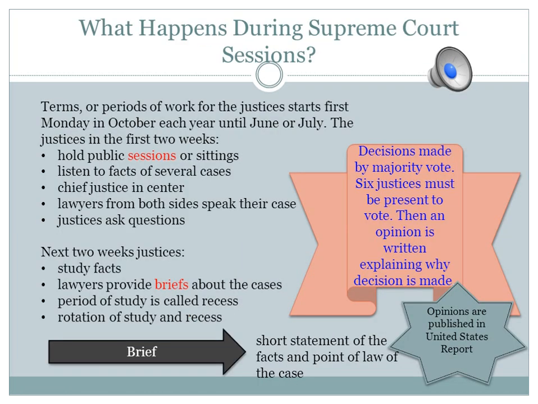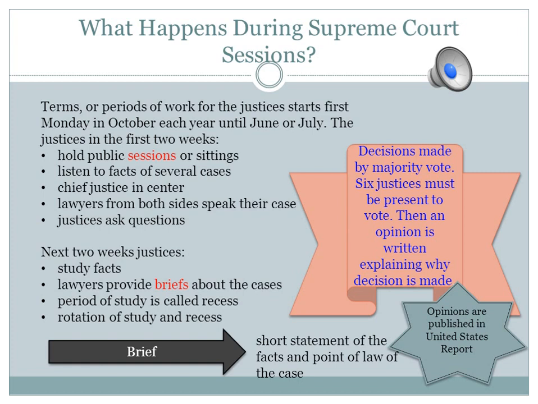So what happens during Supreme Court sessions? So sessions are work periods, and usually it starts the first Monday in October, and they work until June or July. And the justices in the first do 2 weeks. The 9 justices first do the following. They hold public sessions, or what they call sittings, and they listen to the facts of several cases.